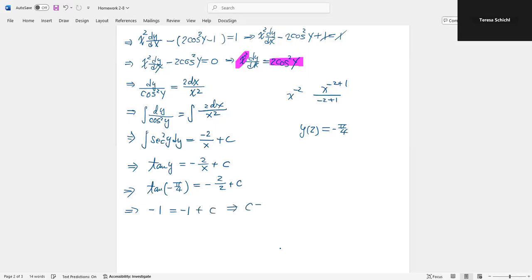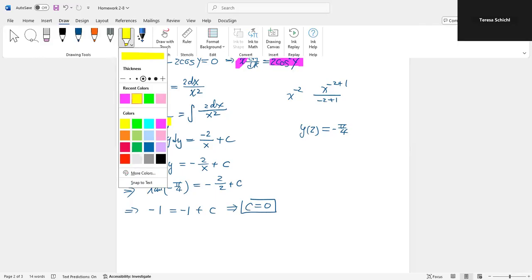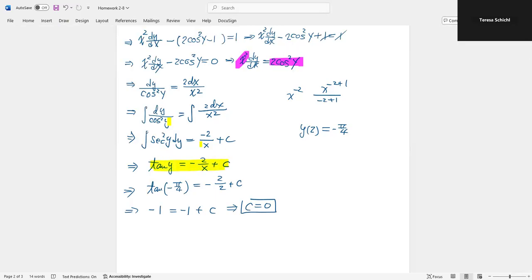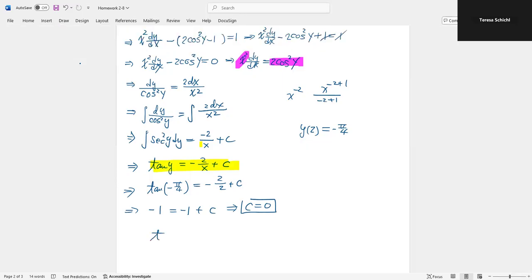So good, c equal to 0. Now I can substitute c back into my equation. My final answer is tangent y equal to negative 2 over x, or you can say y equal to arctan of negative 2 over x.